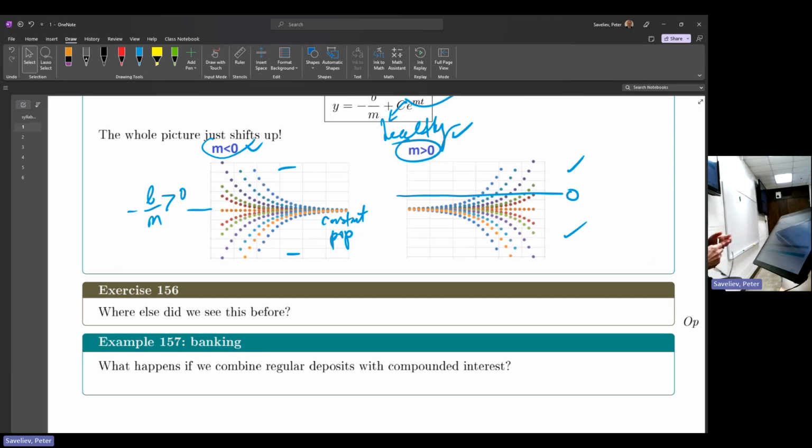So there is interest, but then you also contribute part of your salary every month or every year. What's the dynamics? Regular deposits just make it linear, and the compound interest is going to raise each one significantly more over the period. Yeah, kind of, but isn't there an easy way to get to the answer?